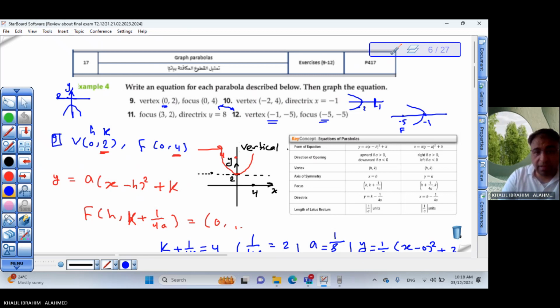The x doesn't change; the change happens on the y-axis.